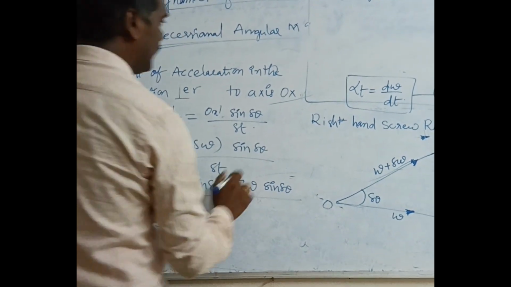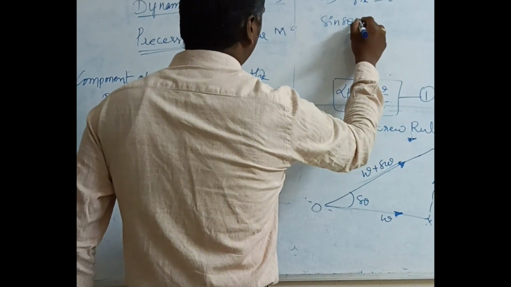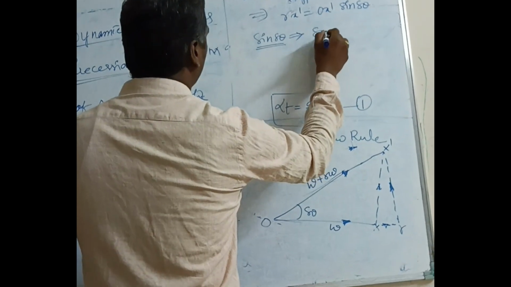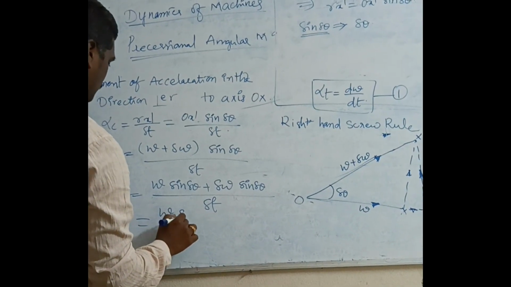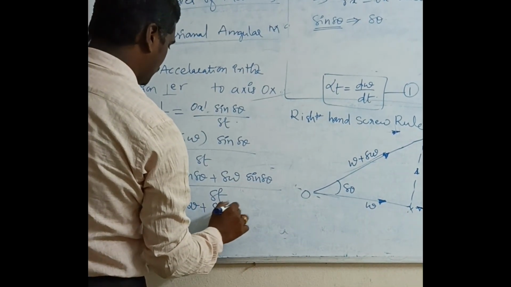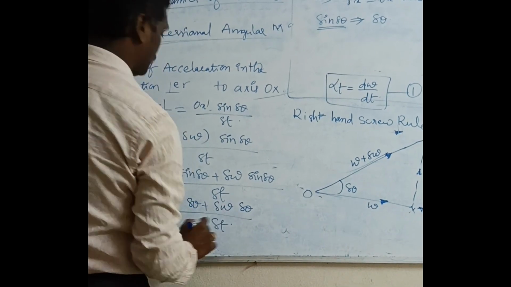Next, sine delta theta is very small, so instead of sine theta we write only delta theta. That gives omega delta theta plus delta omega delta theta, by delta t.